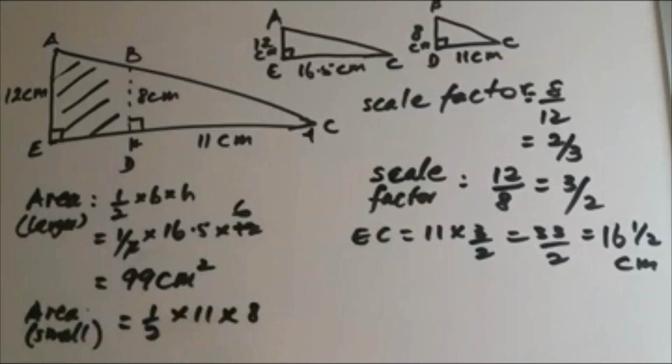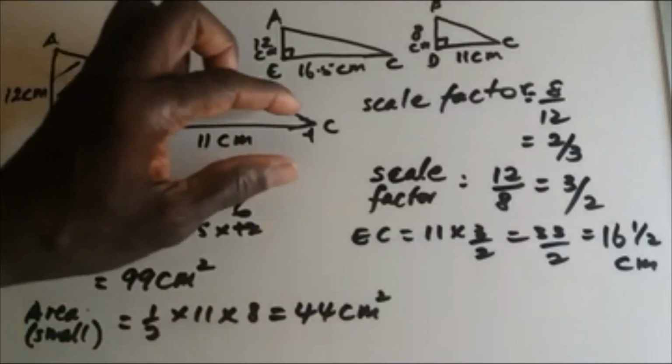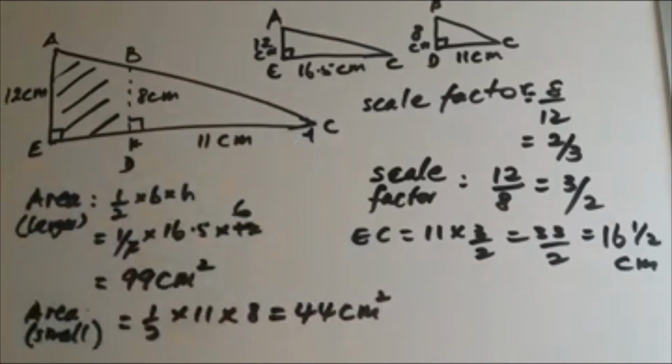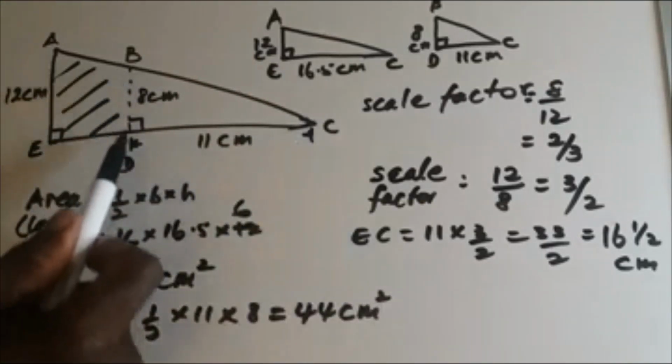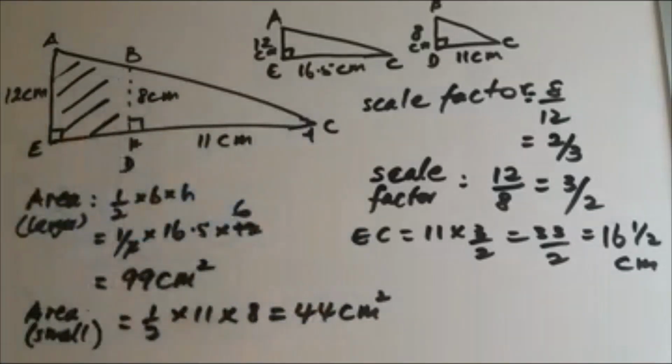So that's half of 88, which is 44 centimeters squared. So just to visualize what we've done, we've calculated the overall area of this triangle, and then we also calculated the area of the smaller one, BCD.